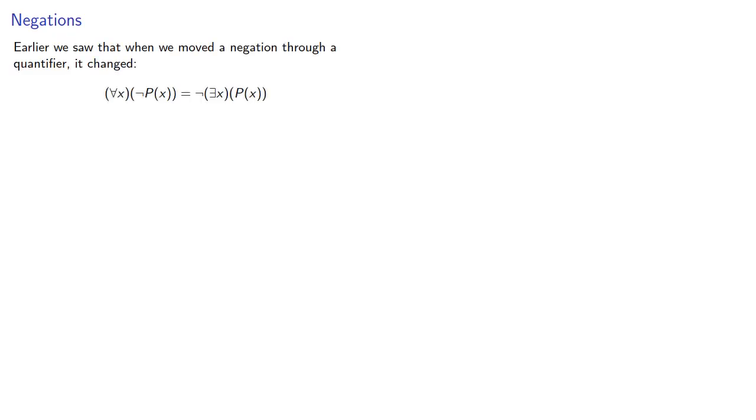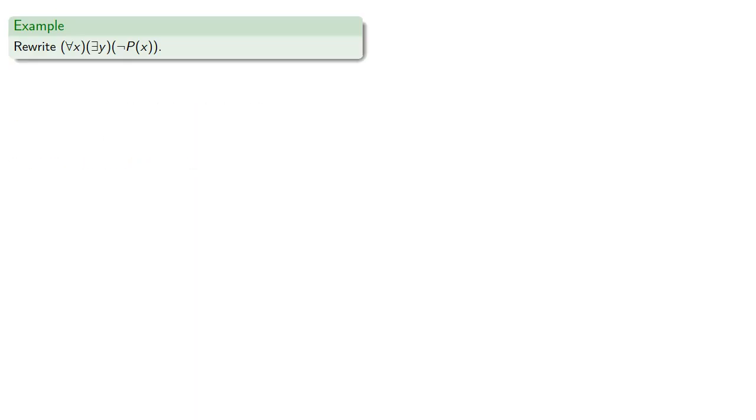What about negations? Earlier we saw that if we moved a negation through a quantifier, it changed the quantifier. So what if we had multiple quantifiers? For example, if we wanted to rewrite something like this. We can move the negation from the statement to the quantifier by changing the quantifier.